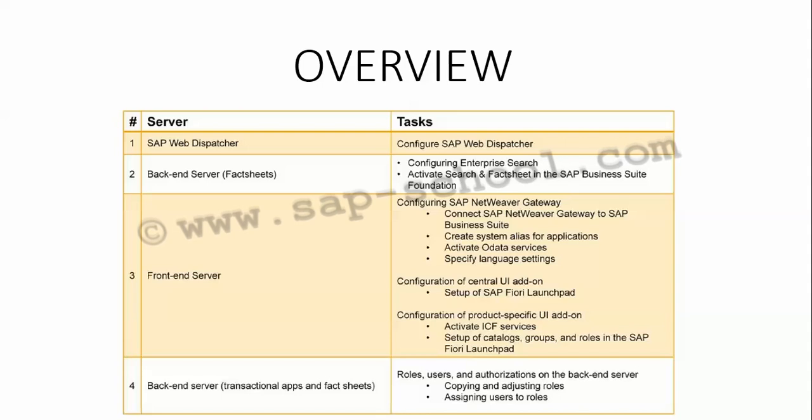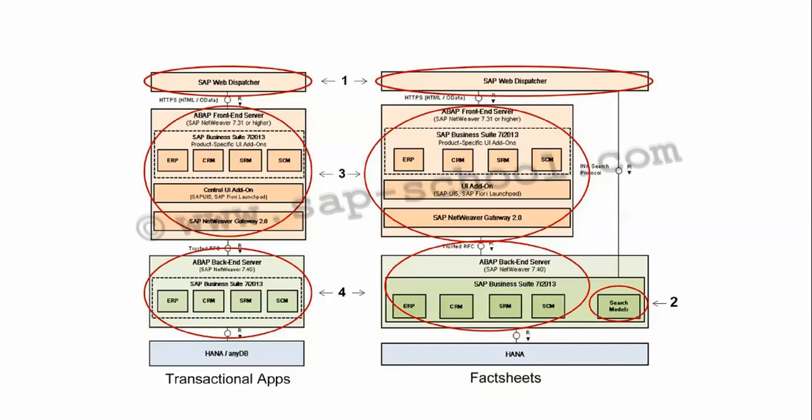This slide is basically showing us the differences between the configuration of my transactional apps and my fact sheets. So first of all, setting up the SAP Web Dispatcher, that is the first step, which we have to do for both of them. After that we have to set up the search models.